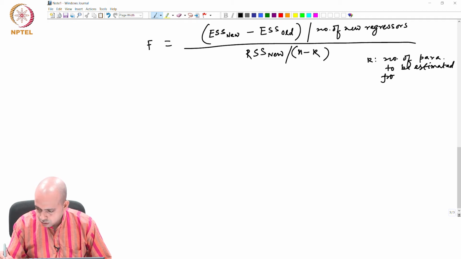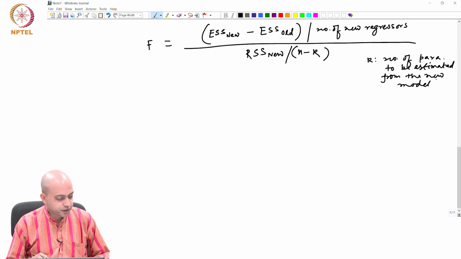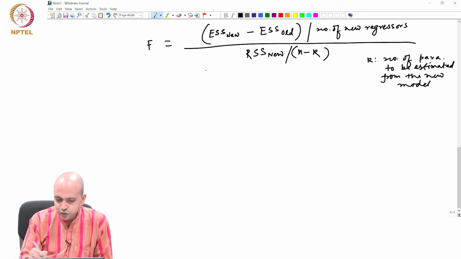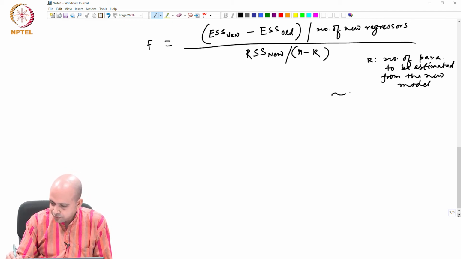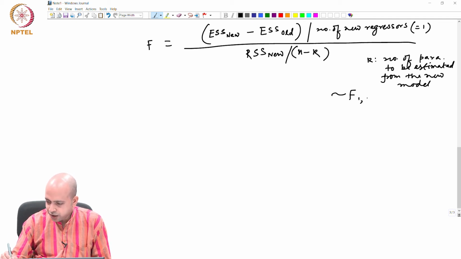Now, what is the logic? This will follow an F distribution with the number of new regressors equal to 1, so we will follow 1 and n minus k, which is 61 because k equals 3.